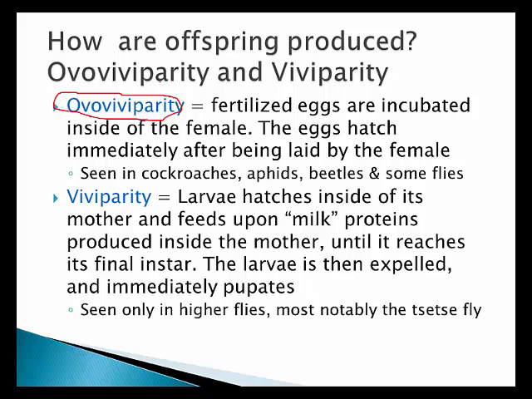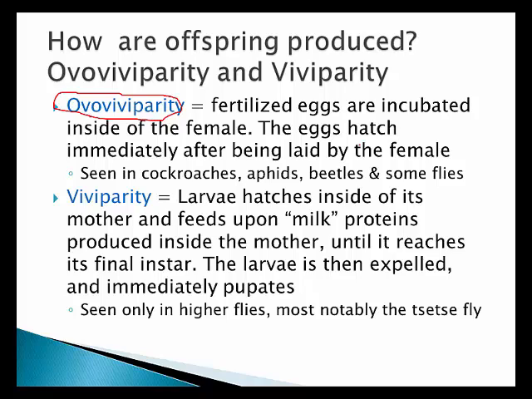And what this means is that the females will produce fertilized eggs, but these fertilized eggs will be incubated inside the female, and the female will deposit the fertilized eggs on the ground after this incubation period, and they will then proceed to hatch and go through their normal life cycle.